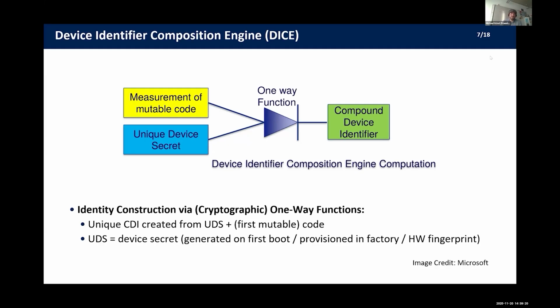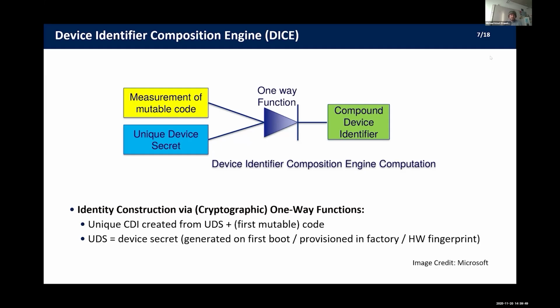On the left, you can see in blue the unique device secret, which is burned into the device. And then we have the measurement of the first mutable code, so some firmware. The hash of this firmware and the unique device secret go into the one-way function, a cryptographic hash function. And the result here is the compound device identifier.